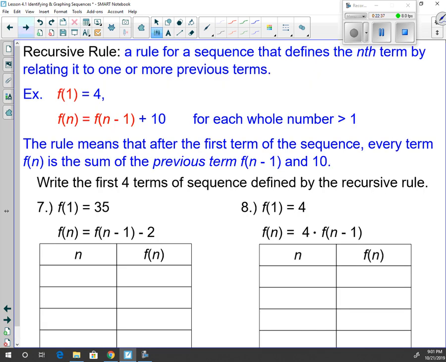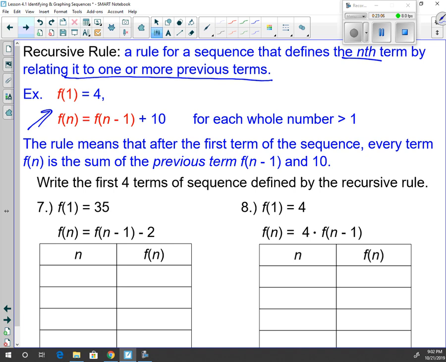All right, so the recursive rule. The recursive rule is a rule for a sequence that defines the nth term by relating it to one or more previous terms. Specifically, it's going to be the term right before it, okay? Now, the notation here, right now, you guys really got to dial in on what this means, because if you look at this later and you only half pay attention right now, this is going to look really confusing.